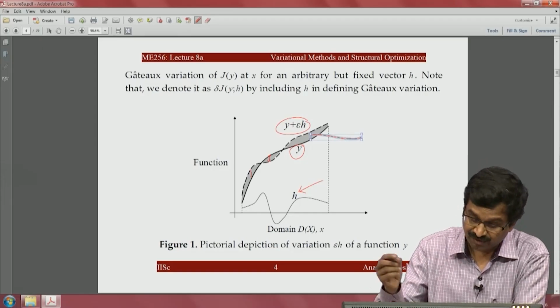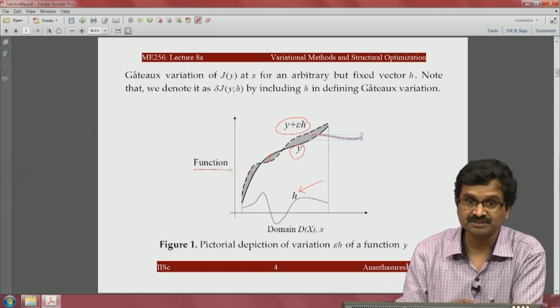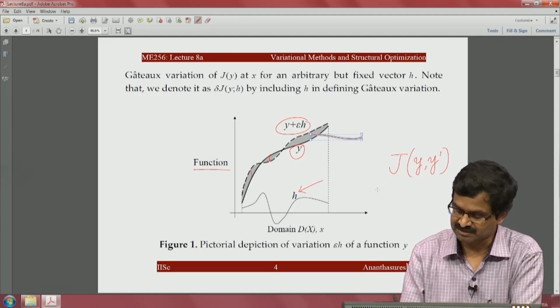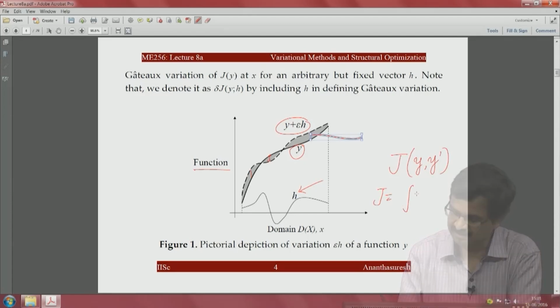What happens to the functional? We are plotting only the function here, but then we have j which depends on y and its derivatives and so on. If you take j as an integral, there is an integrand with y and y prime and other things, from some quantity x1 to x2.